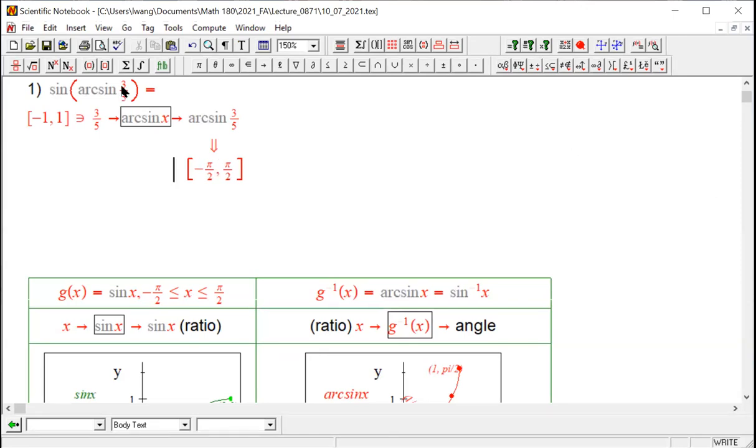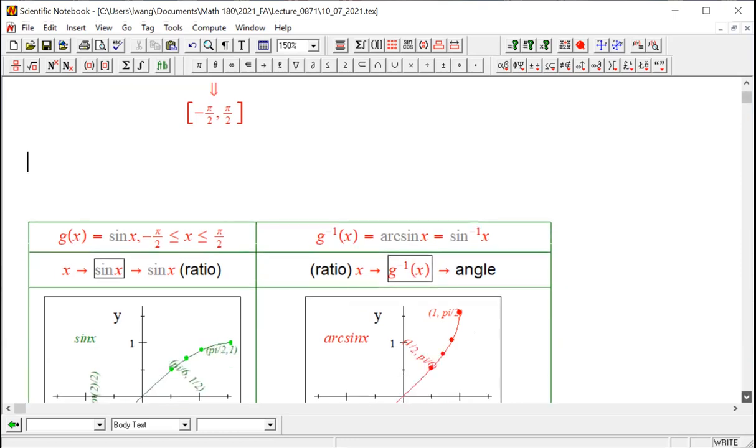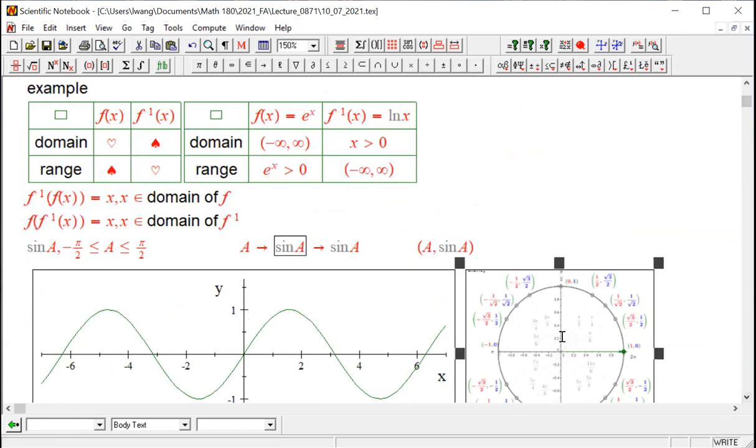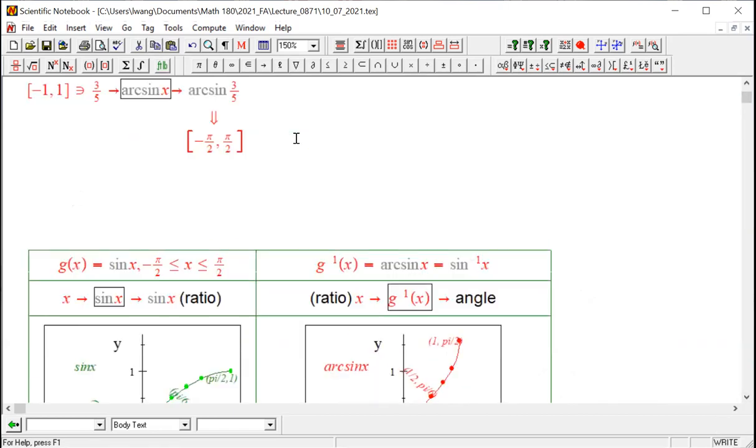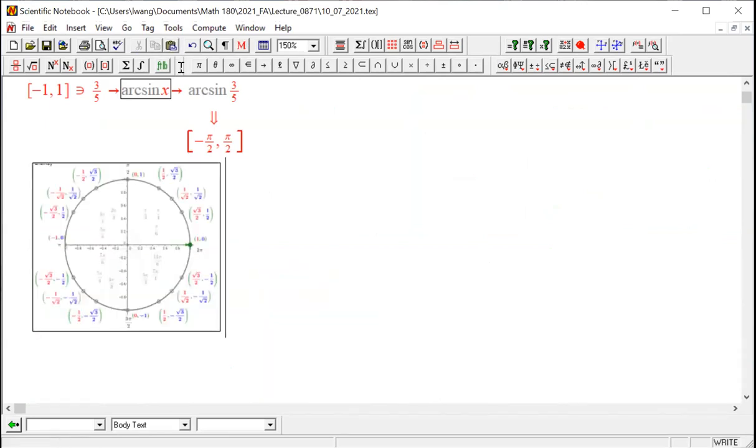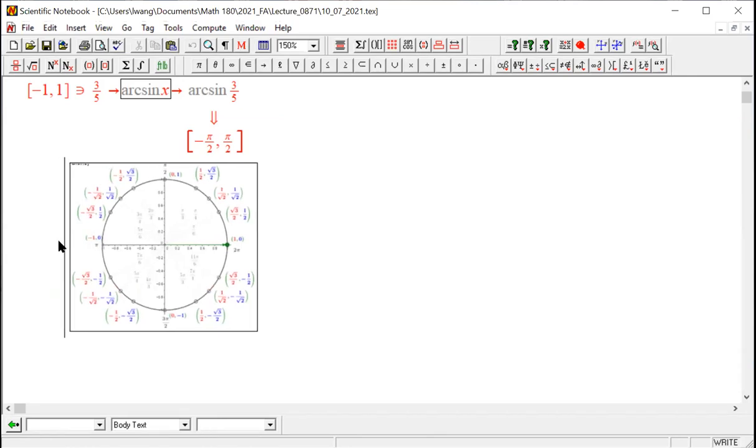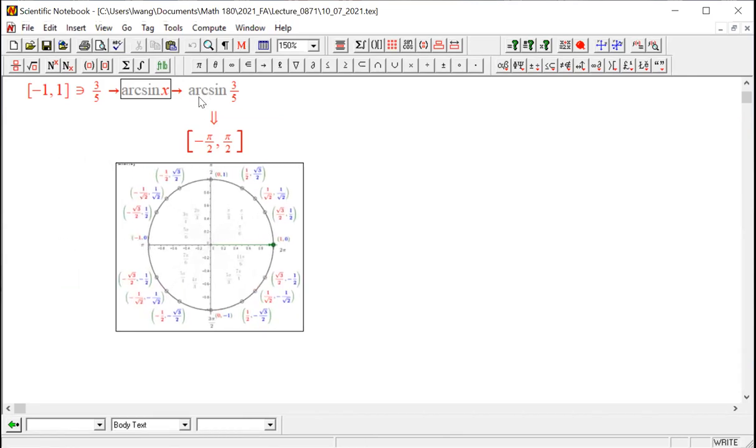So we got the output. When you see ArcSine 3/5, you actually see an angle. This angle is going to be between -π/2 to π/2. On the unit circle, remember we talked about the no man's land, and this is the function we are talking about.